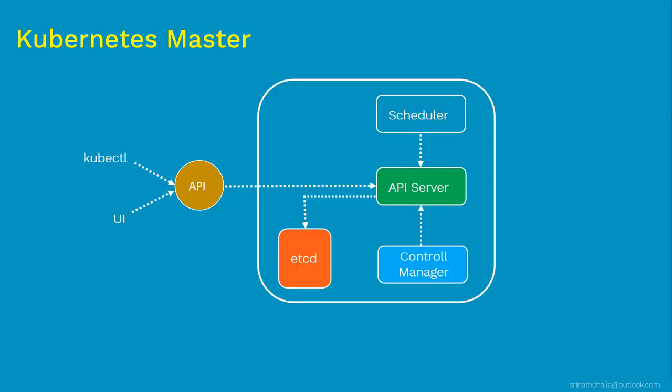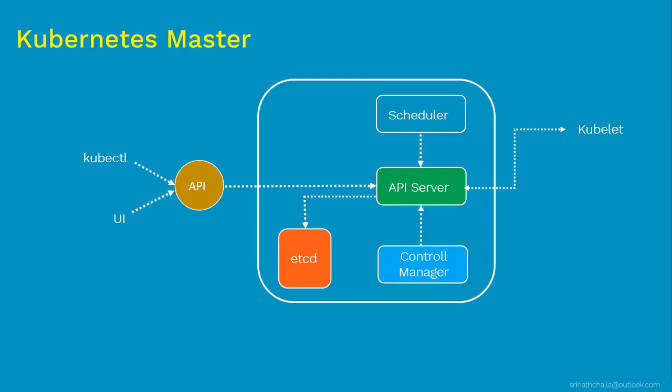Any component of Kubernetes can query etcd to understand the state of the cluster. So this is going to be the single source of truth for all the nodes, all the components, and the masters that are forming the Kubernetes cluster. So these are the 4 important components of the Kubernetes master, which includes API server, scheduler, controller, and etcd.